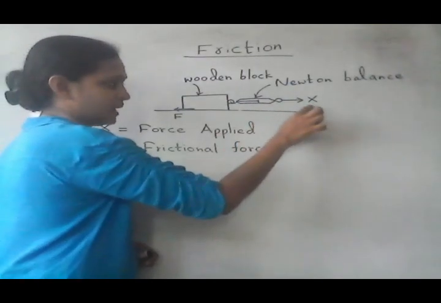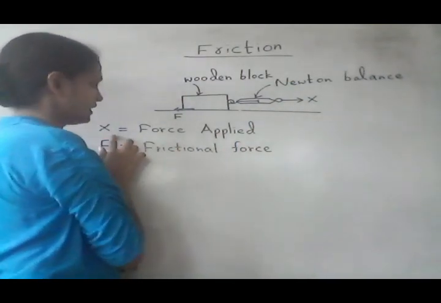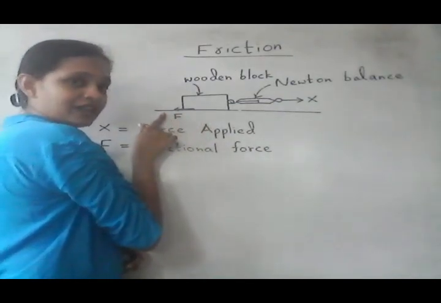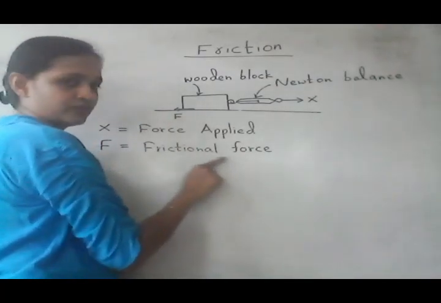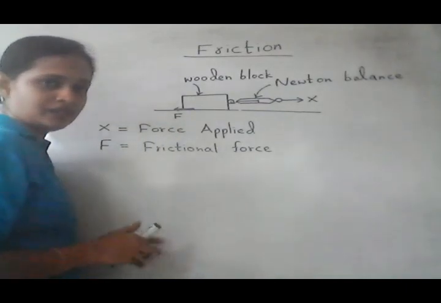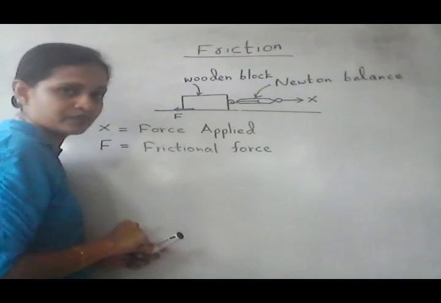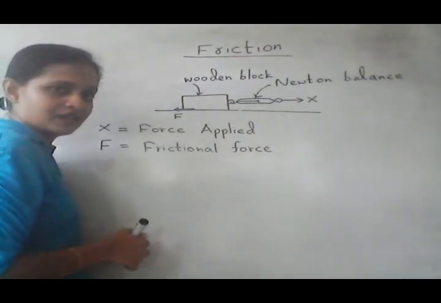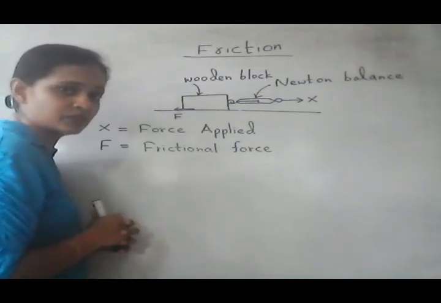The force applied on the Newton balance is known as X, while the opposing force acting against the motion of the wooden block is the frictional force, and it is named as F. So first I apply a little force on the Newton balance, and the wooden block will not move.